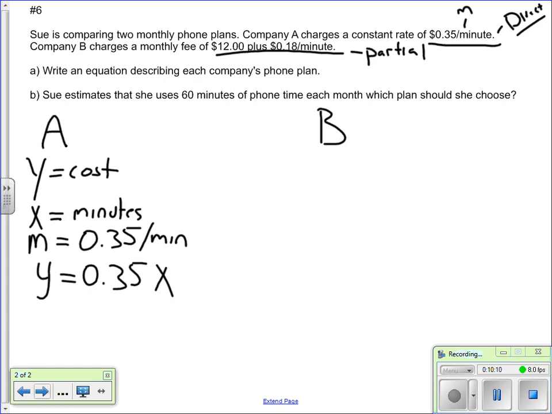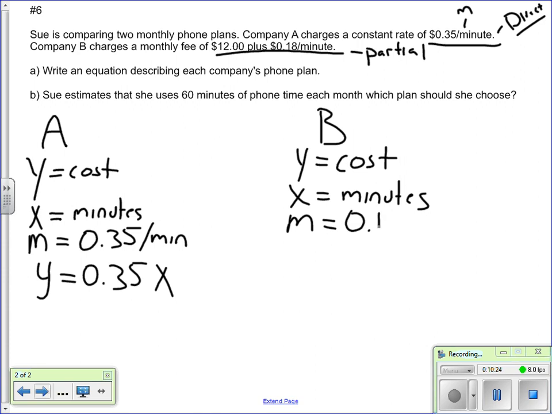If we look at phone company B, again, y is equal to my cost, x is obviously my minutes. The m, that's my rate. So in this case, it's 0.18 per minute. And then we have this flat rate.